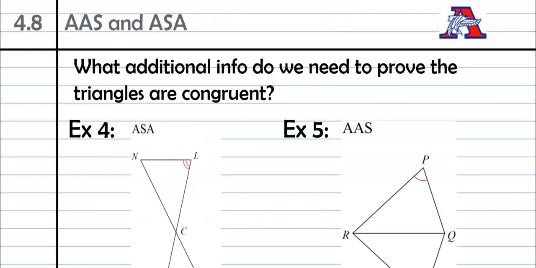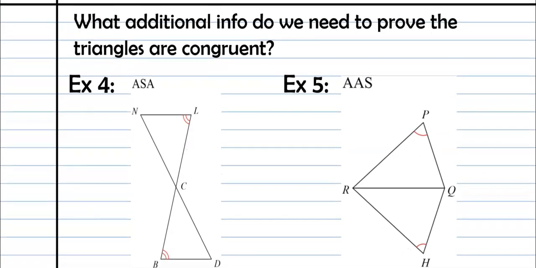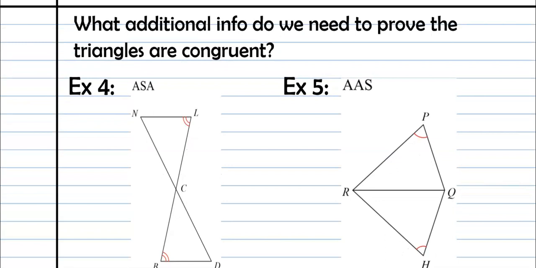All right, and then for our last couple examples, what additional info do we need to prove the triangles are congruent by the given reasons? So in example 4, we are supposed to use angle, side, angle. So once again, mark anything that's obvious, that's given to us. So I see vertical angles, so we can mark them. If we want to use angle, side, angle, we need to have this side and this side so that we can do angle, side, angle, and angle, side, angle.